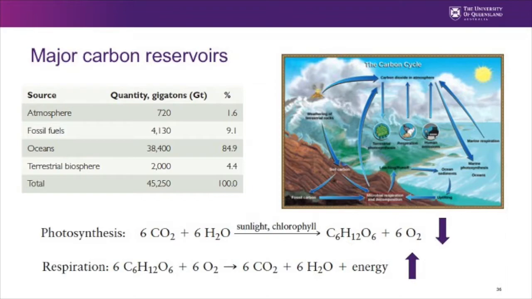And then we also have the inverse process that humans and animals do, which is the respiration process. So from that, we return the CO2 to the atmosphere. Plants also do this process, but it's in a minor balance as compared to the photosynthesis process.